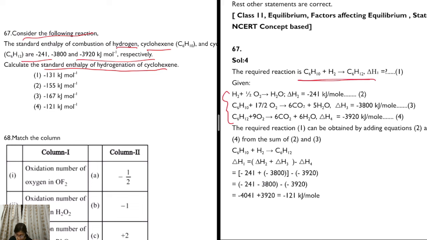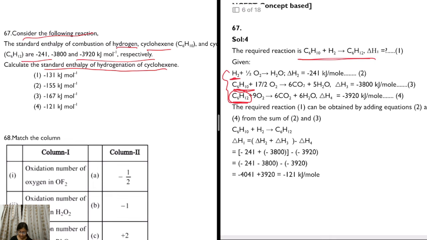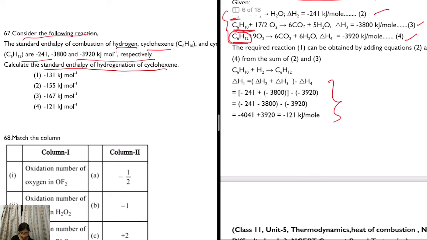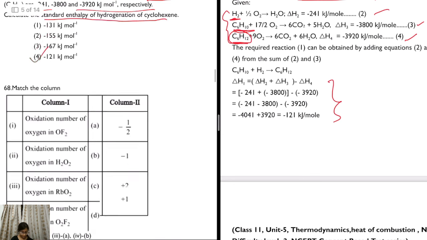Now what we need: cyclohexene is present as a reactant, hydrogen is also present as a reactant. And cyclohexane is present as a reactant in the given equation, but we need it as a product. So we'll add equations 2 and 3 and subtract equation 4 for del H. So this would be the solution, and the answer would correspond to the fourth option.